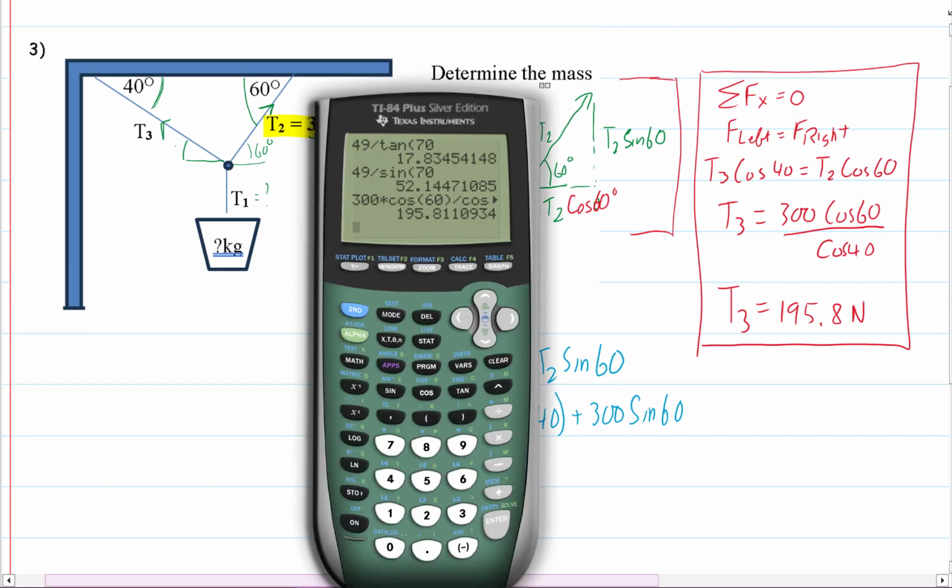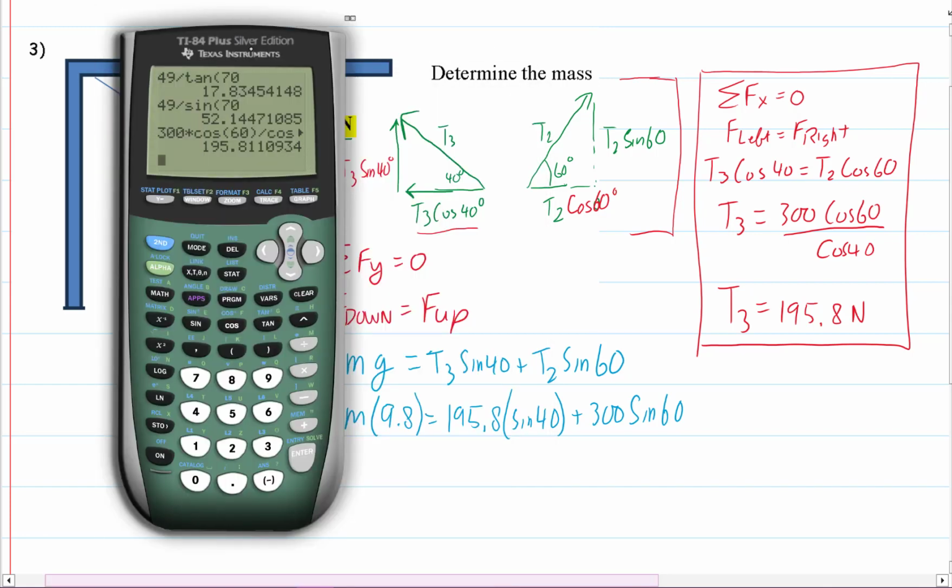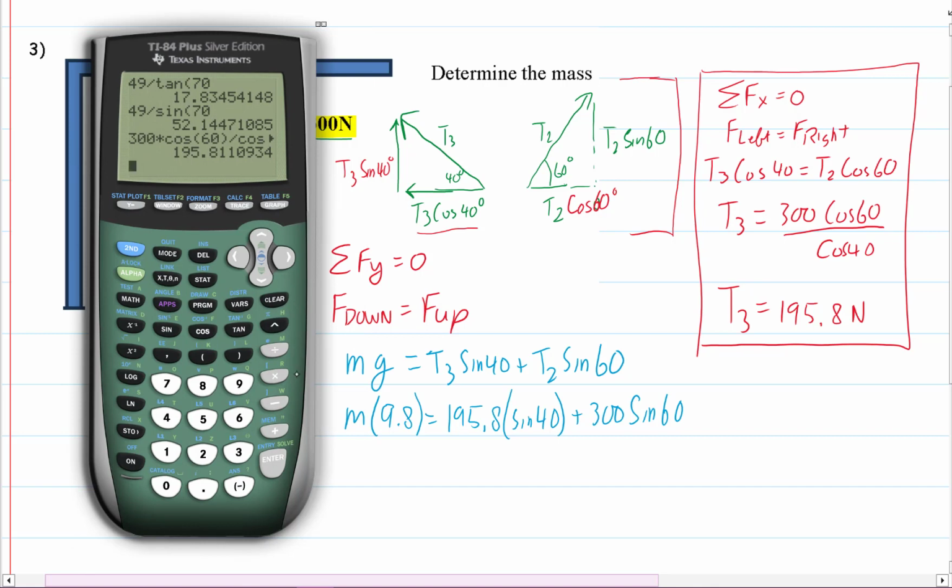Okay, and let's do that. We'll do 195.8 times the sine of 40, and that's going to be 125.86 newtons, and 300 sine 60 is 259.81.